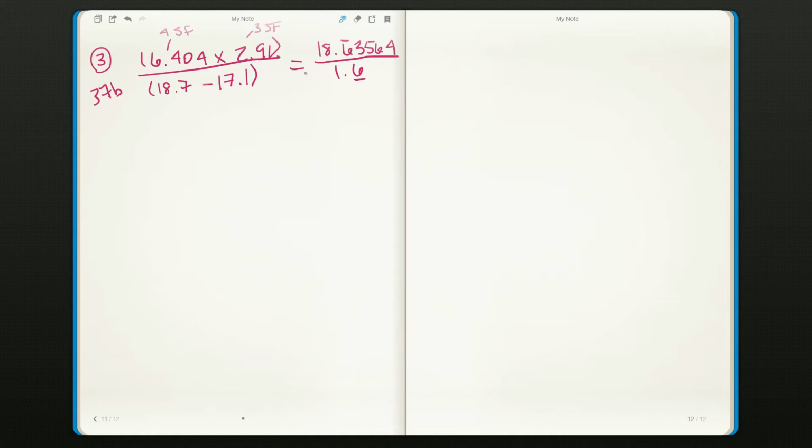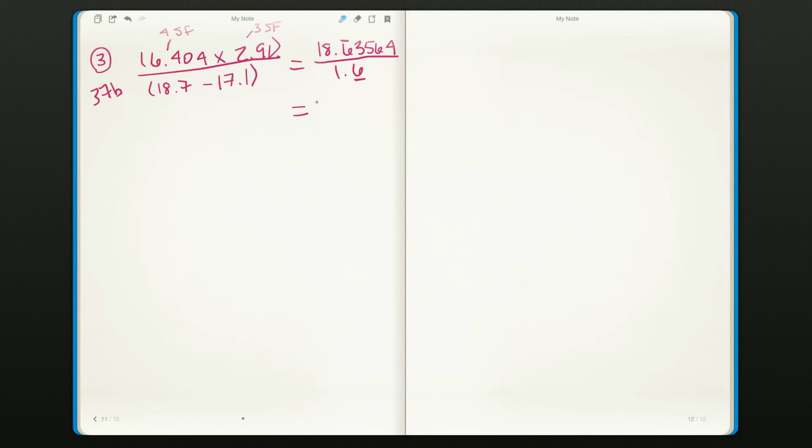Okay, so now moving on, this number here follows the rules for multiplication and division because we're dividing 18.63564 by 1.6. So in this case, our answer is just going to have the same number of significant figures as the least precise number used in the calculation. So 1.6 has 2 significant figures, 18.6 has 3. So our final answer should have 2 significant figures.